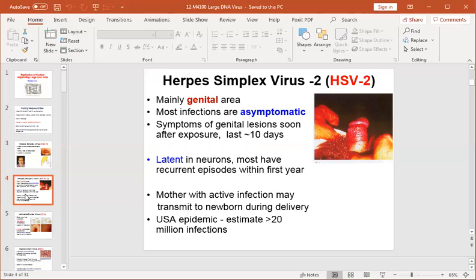In instances where we see clinical signs and symptoms, the symptoms include genital lesions that will appear soon after exposure and last about 10 days. Herpes simplex virus remains latent in neurons, and most infected individuals have recurrent episodes of HSV infection, especially within the first year of infection.